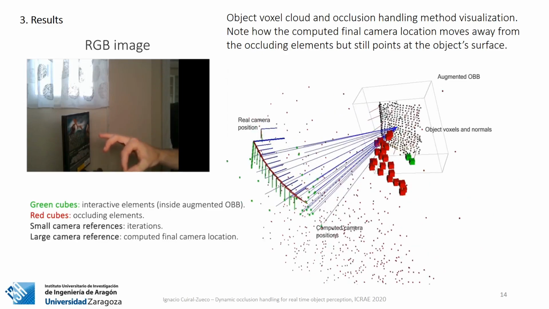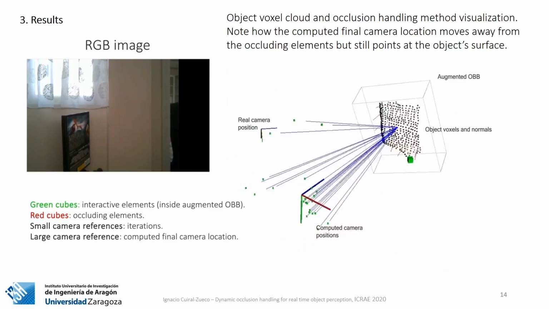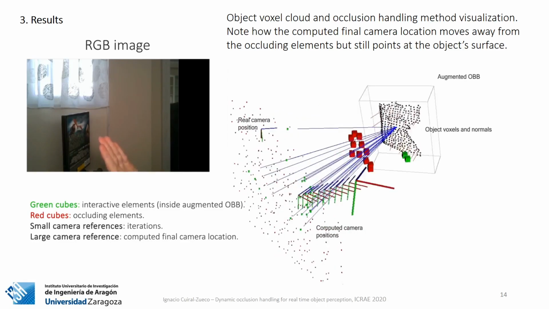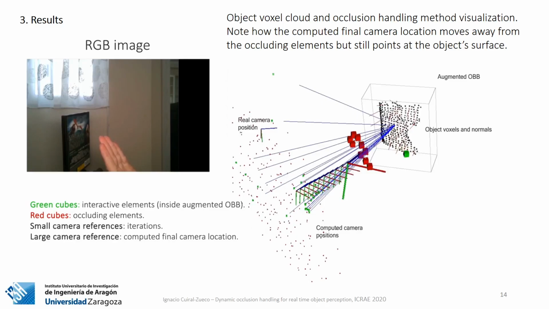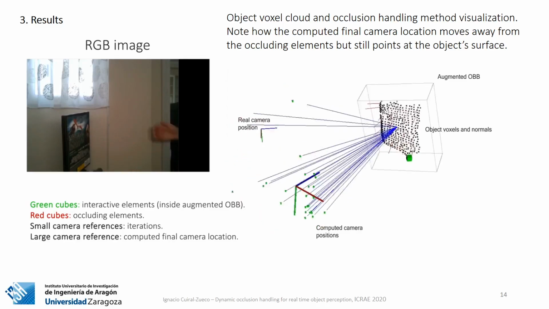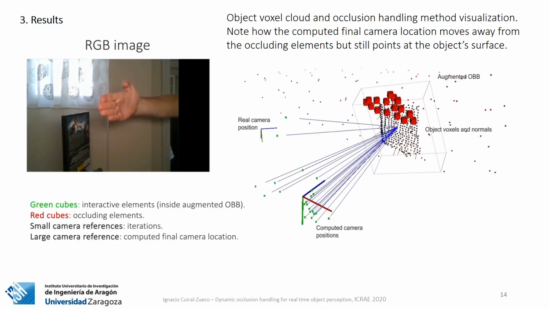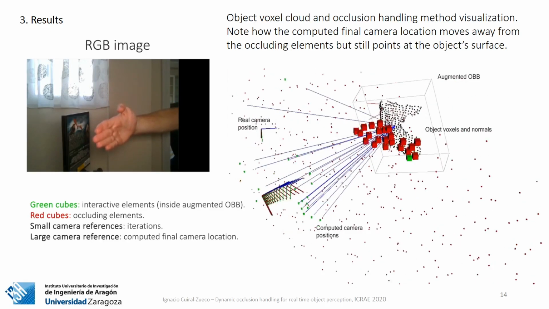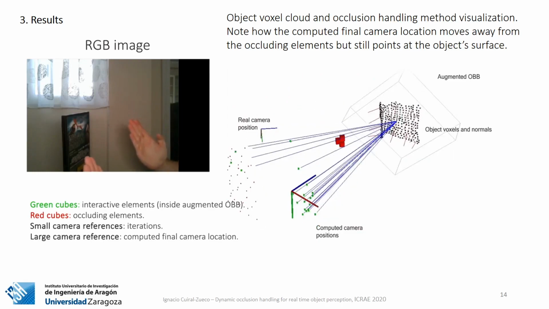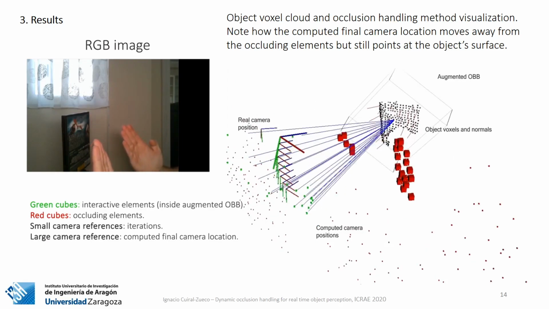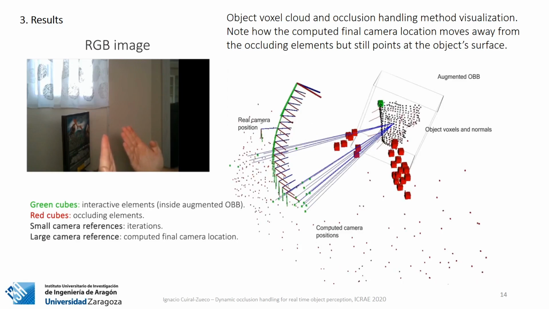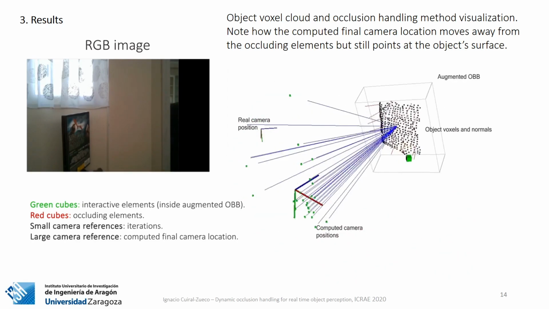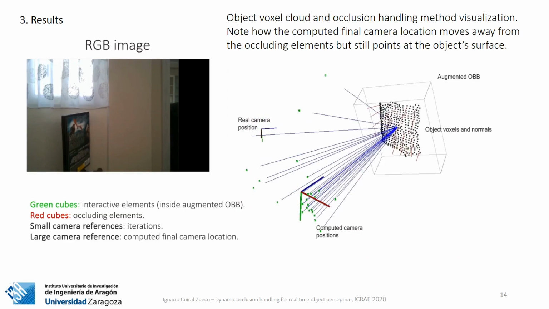And you can see how I use my hand in different positions as an occluding element, and how the iterative process is also visualized with those different camera positions that move away from the occlusions and would allow me to perceive that object properly, perpendicularly, but also avoiding occlusions. It also handles different scenarios. For instance, here we have a double occlusion coming from two sides, so the camera goes upwards in order to avoid those.